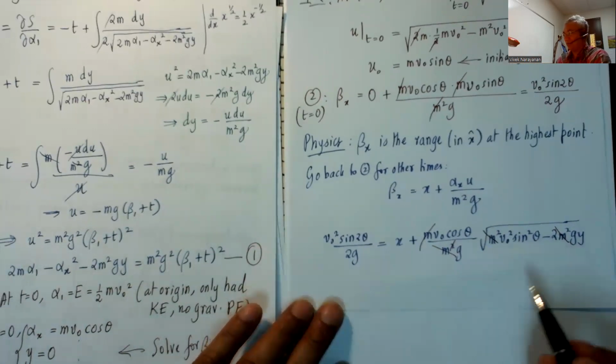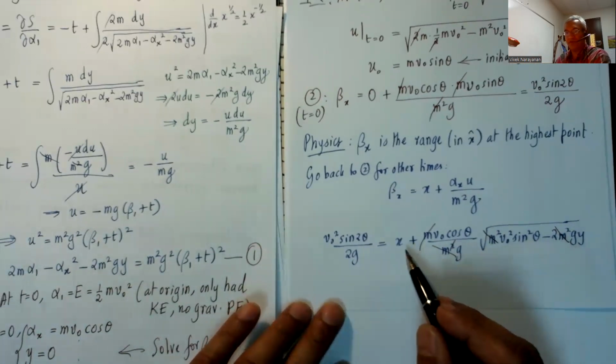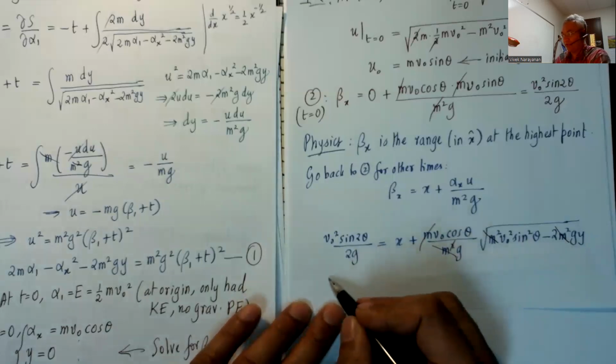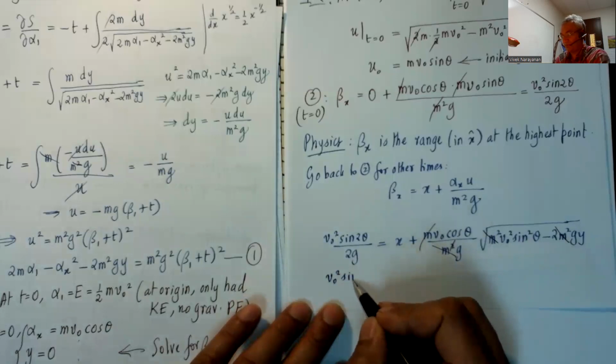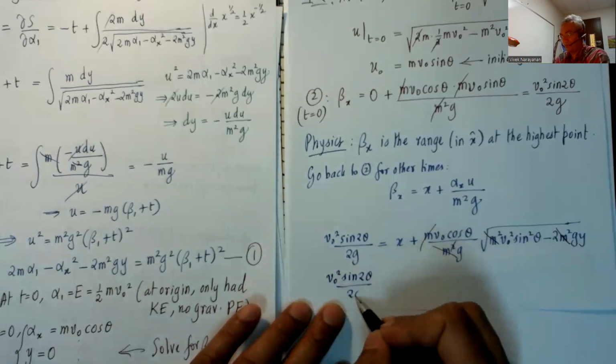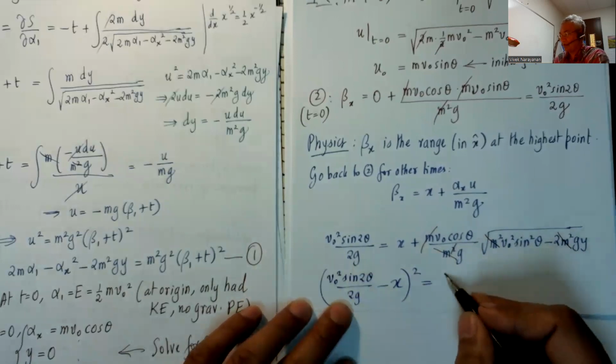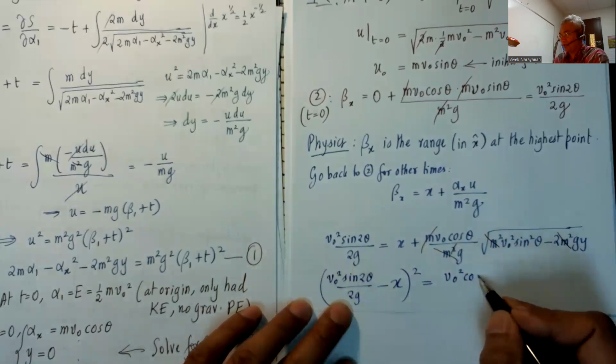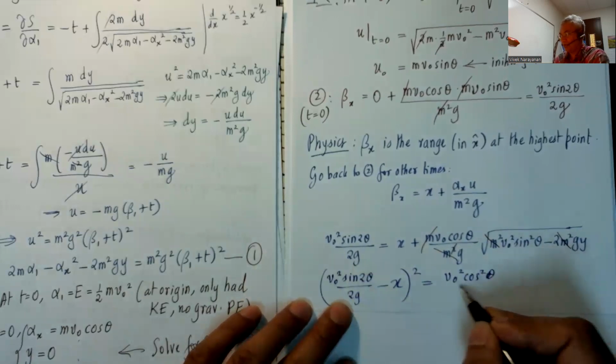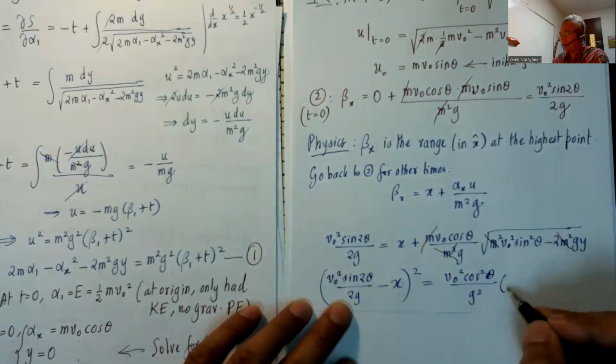What I'm going to do now to get to the square root is move this lone term to the left and then square everything. Then I get v naught squared cosine squared theta over g squared, and now the square root term disappears.